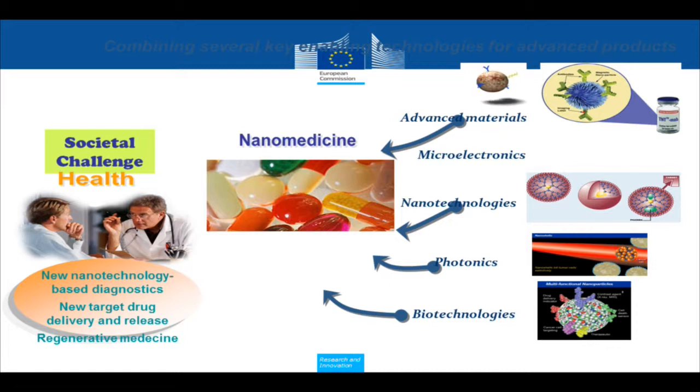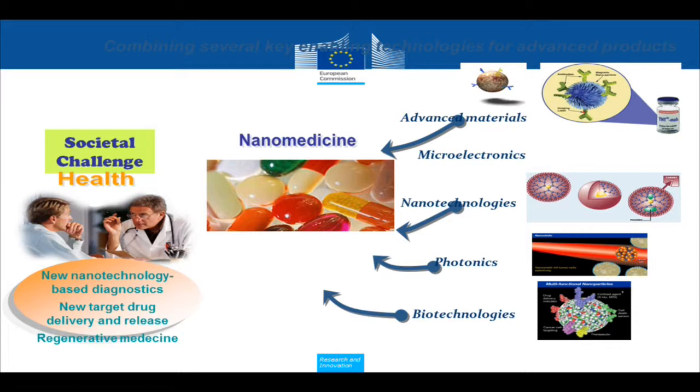What we're trying to do in our part of Horizon 2020 in NMP is to develop key enabling technologies to the extent that industry can take them over, and to the extent that societal challenges can use some of these in the applications that they support.